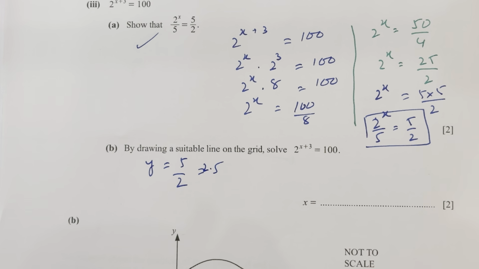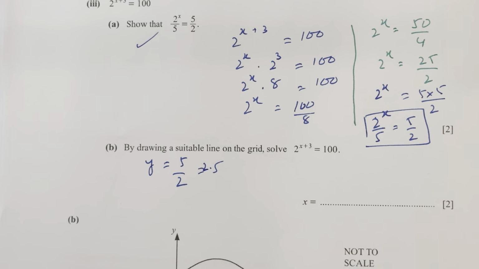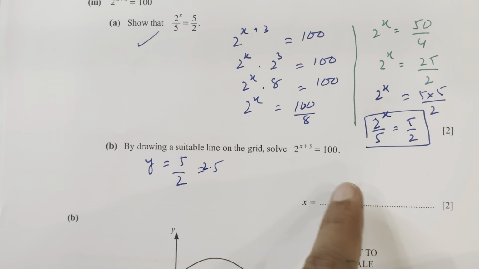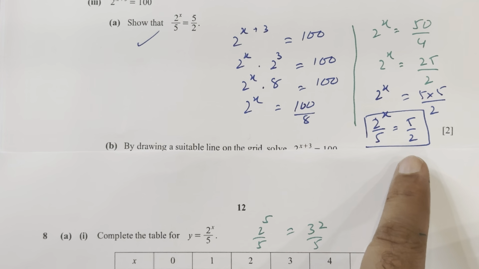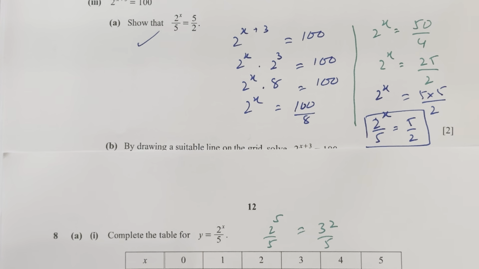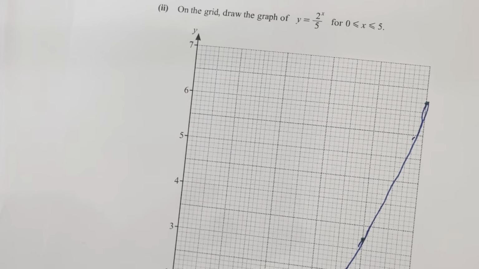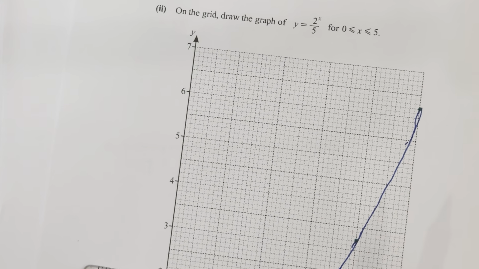So at 2.5 we have to figure out the value. How do we put this? This equation was y = 2^x, and we have just put 2^x equal to 5/2. So putting 5/2 over here, we can put this equation. Now draw y = 2.5.